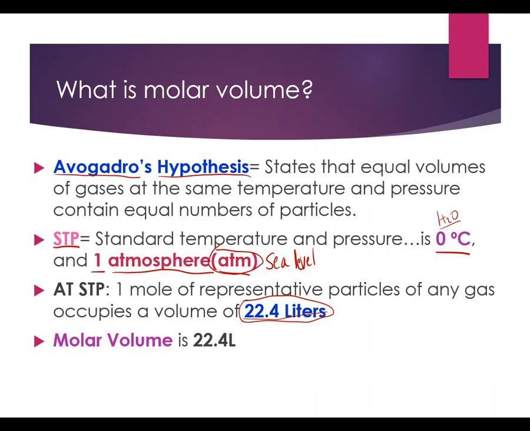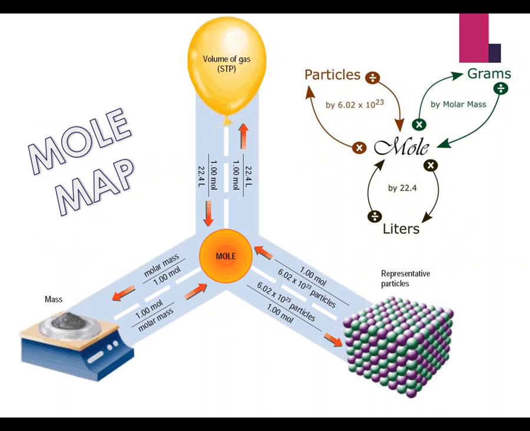So that's where molar volume originates from. Again, going back over all of these things, they equal 1 mole in the center. So we're going to be able to start over here with mass, and we could figure out the volume. We just have to go 1 conversion into the mole. We could start at the volume and figure out the particles.